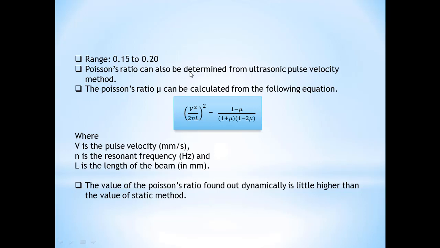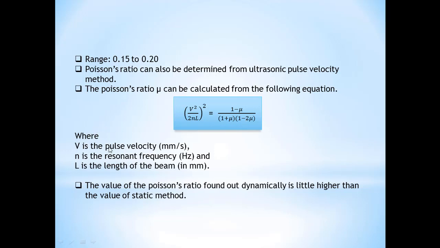Poisson's ratio can be determined from the ultrasonic pulse velocity method. By using the pulse velocity method, we can know the Poisson's ratio, and it can be calculated by the following equation: v square by 2NL whole square is equal to (1 minus mu) divided by (1 plus mu) into (1 minus 2 mu).